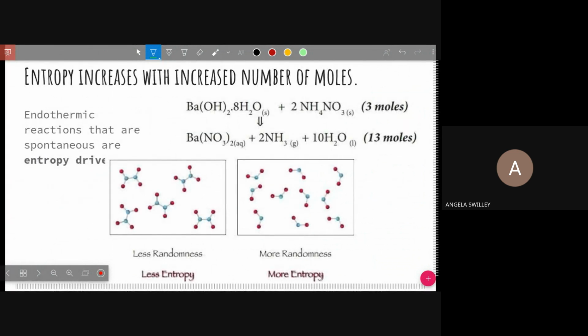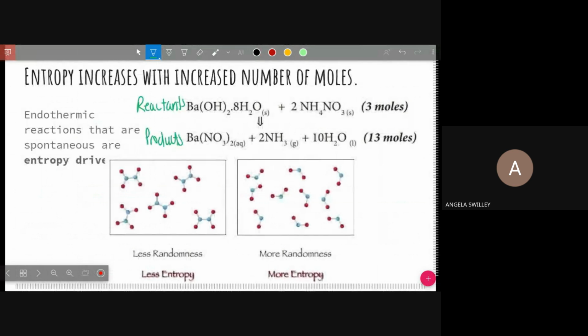Entropy increases also with an increased number of moles. Endothermic reactions that are spontaneous are entropy driven. Right here we have our reactants, and they didn't have enough room to put them side by side, so the top is reactants and the bottom is products. If you increase your number of moles from your reactants to your products, then your entropy increases also.